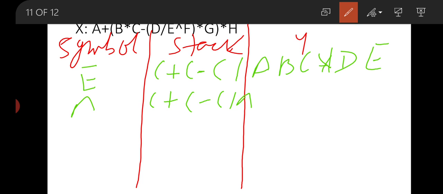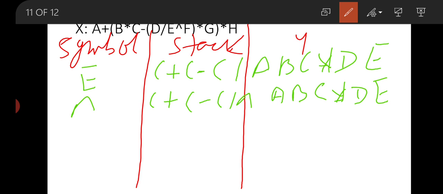The exponent operator is stored in our stack by using step 5B, and our expression is ABC multiplied by D and E.